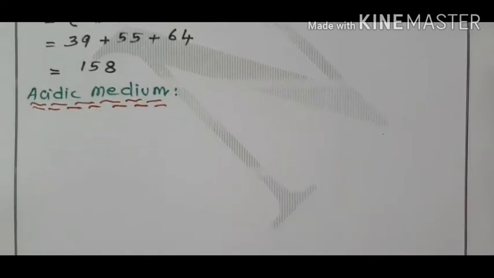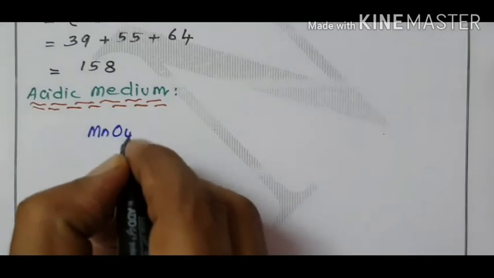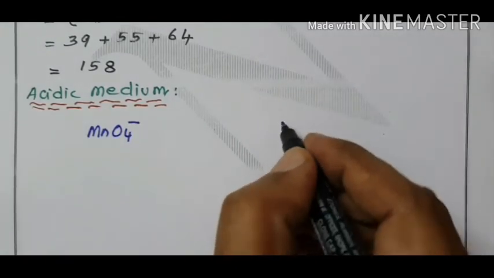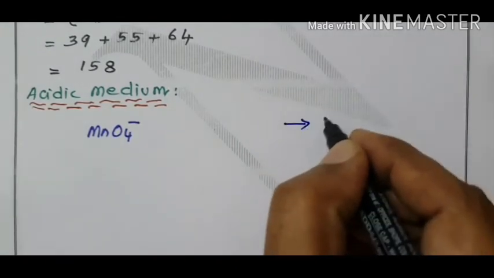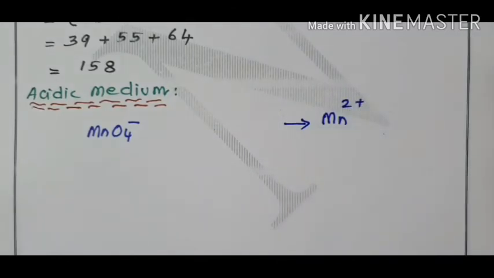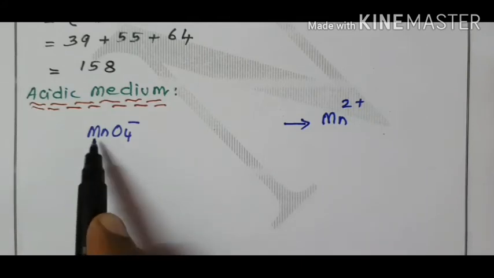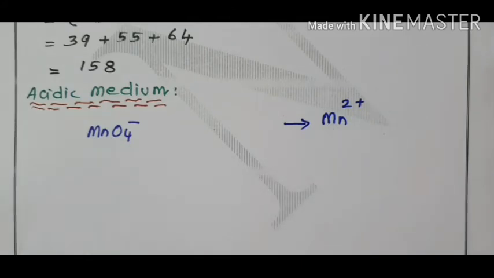The permanganate ion, MnO4 minus, in acidic medium is reduced into Mn2 plus ion. You know how to balance the reaction in acidic medium. First we have to balance the elements. One manganese, metal, is balanced on both sides.